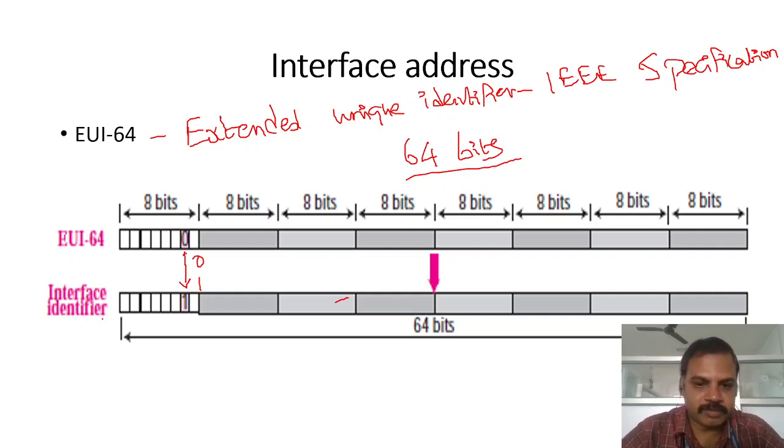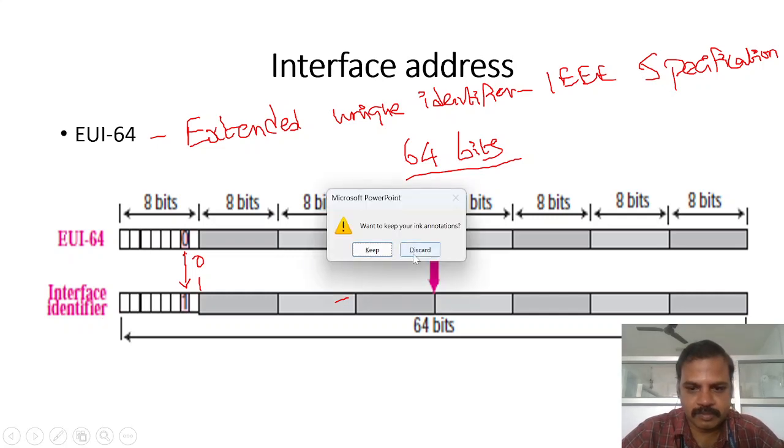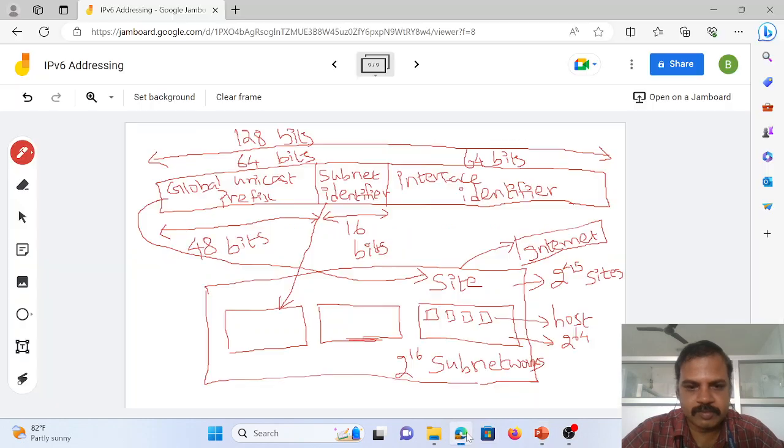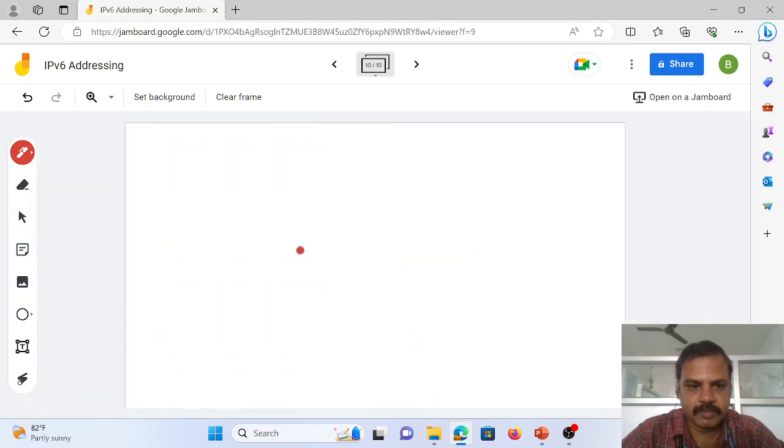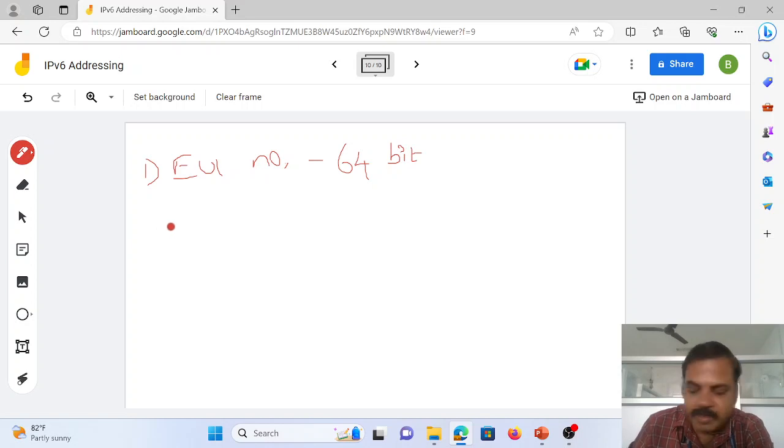Let's see with the problem. For a specific system, they have given the EUI number. The EUI number is 64 bit, but normally we use the hexadecimal notation.